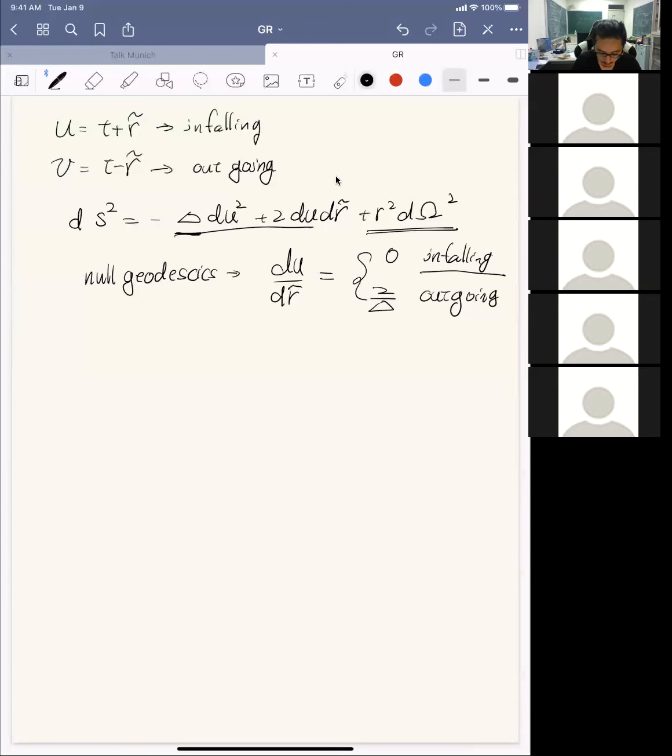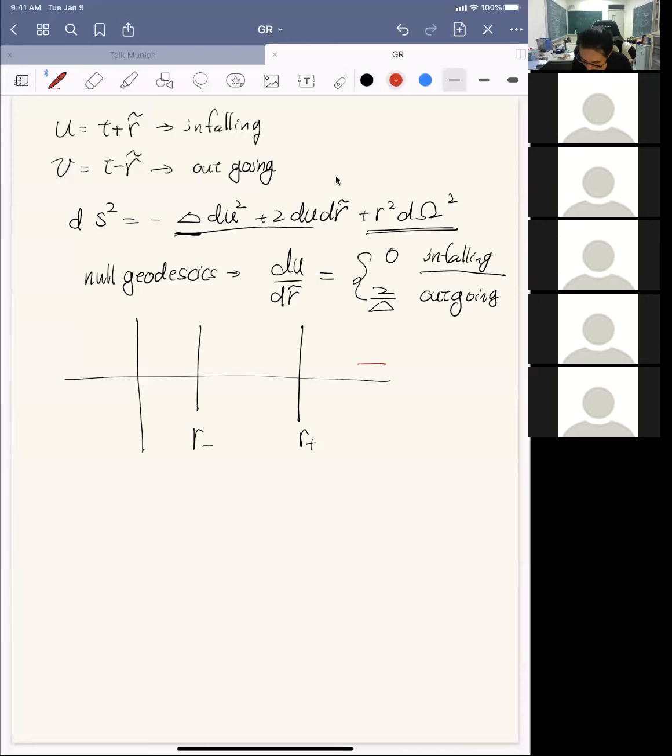Okay, so everything looks exactly the same. Just one second, let me check that I have everything correct. Okay, so basically we're going to have exactly the same thing, and the infalling is going to be 0. So let's say we're going to have r plus and r minus. Okay, so let's see what happens. The infalling is always going to be 0, so it's always going to be flat.